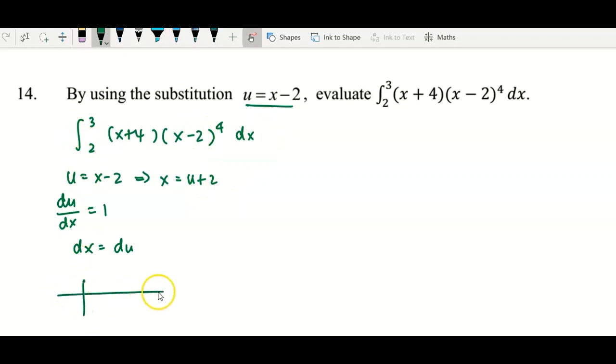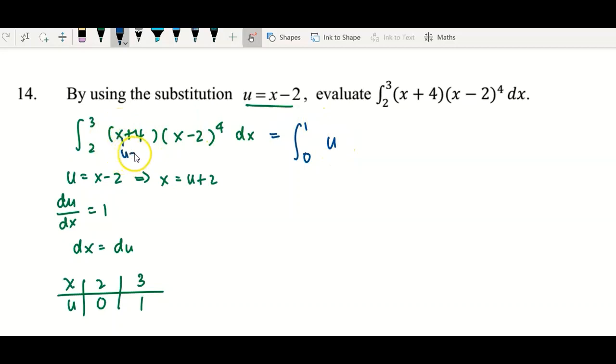And now we're going to substitute the limit, find out the limit. When x equals 2, what is u? The u value will be 0. When x equals 3, u equals 1. So 0, 1 is your new limit. Then now I'm going to substitute everything inside. You have lower limit 0, upper limit 1, and the x is going to be u plus 2.